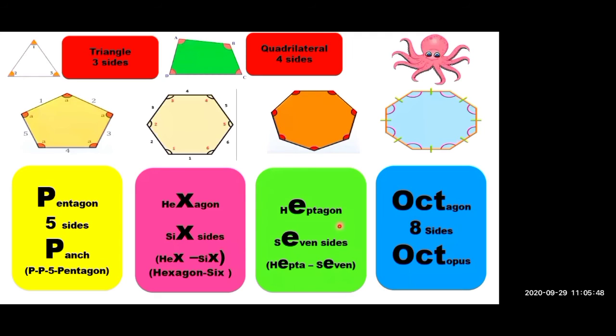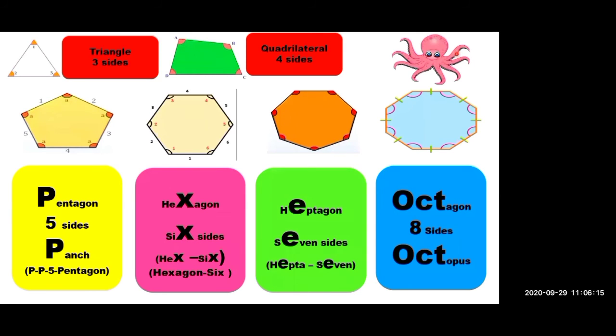Okay. Now, children, do you know this aquatic animal? Yes, it is octopus. And how many legs are there? Octopus has 8 legs. 1, 2, 3, 4, 5, 6, 7, 8.